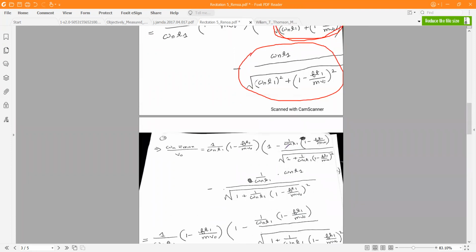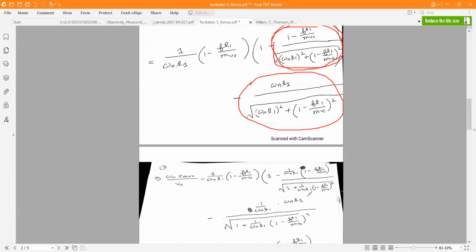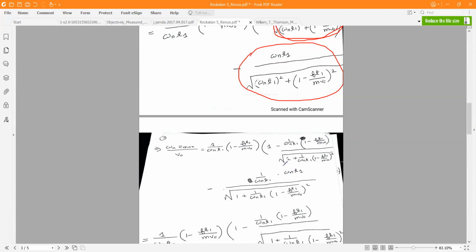If I multiply by 1 over omega n t1, I will get here 1 over omega n t1 multiplied by 1 minus F t1 over m v naught, and for the denominator, the whole term will be divided by omega n t1.